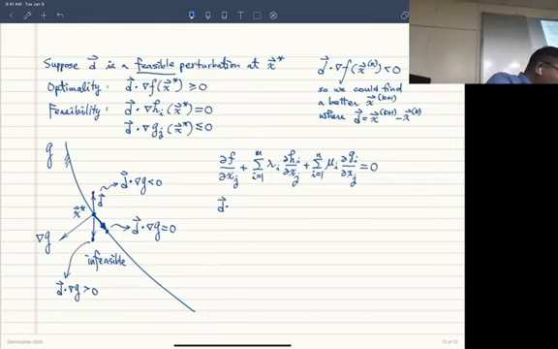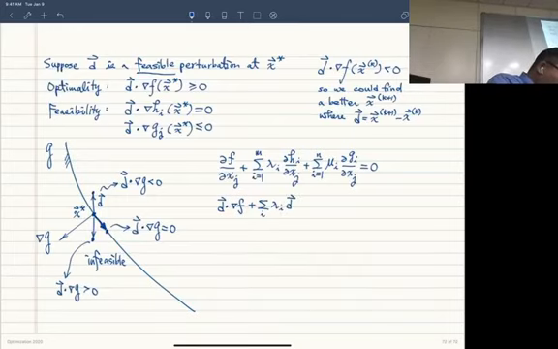So dot product, and then we should have the gradient f, plus summation over i of lambda i.